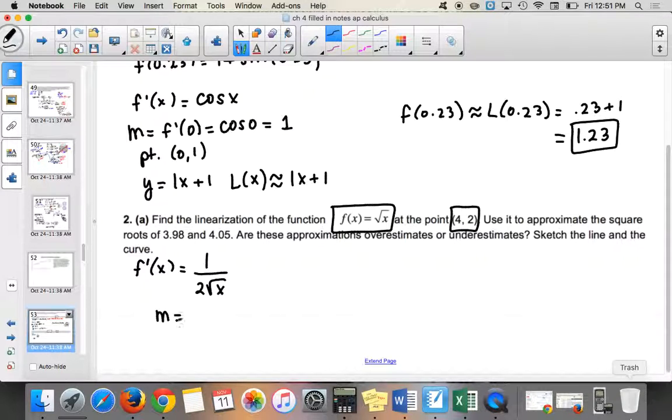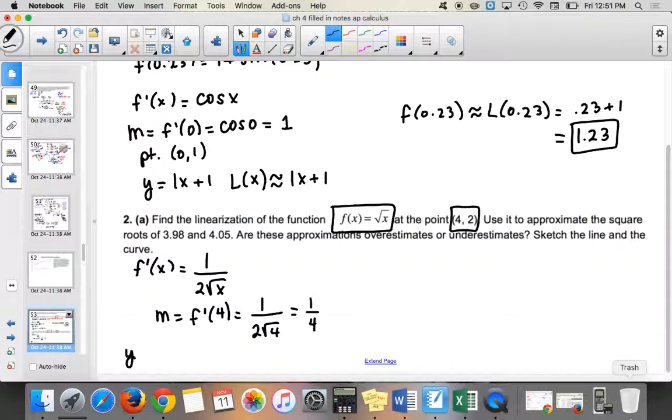So our slope is going to be plugging in the x value that we said, so 4. So I get 1 over 2 square root of 4, which is 1/4. Or negative 1/4, but do we just consider it positive for this? It's positive. Negative 2 times negative 2 is 4. Well, when you have a square root in the problem, it's automatically the positive version.